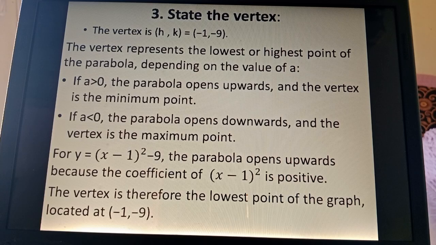For y equals (x plus 1) squared minus 9, the parabola opens upwards because the coefficient of (x plus 1) squared is positive. The vertex is therefore the lowest point of the graph, located at (negative 1, negative 9).